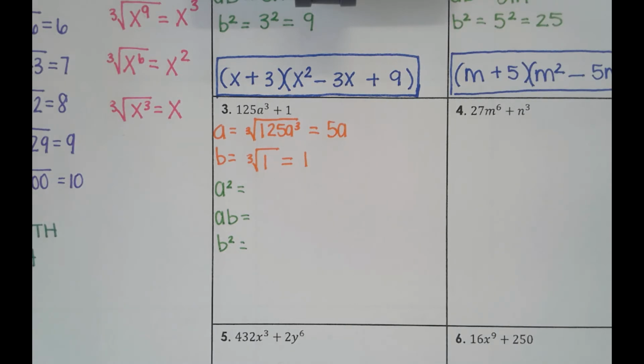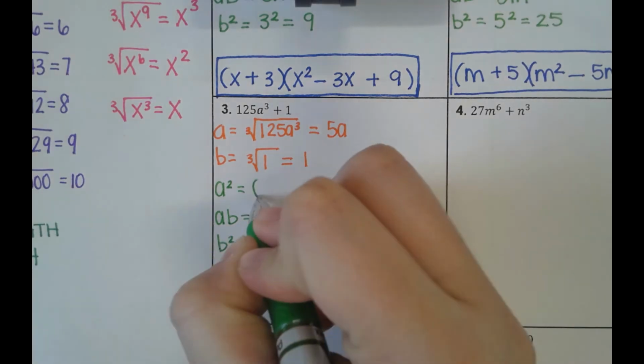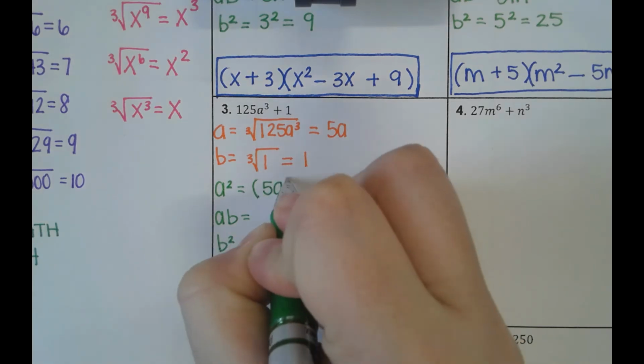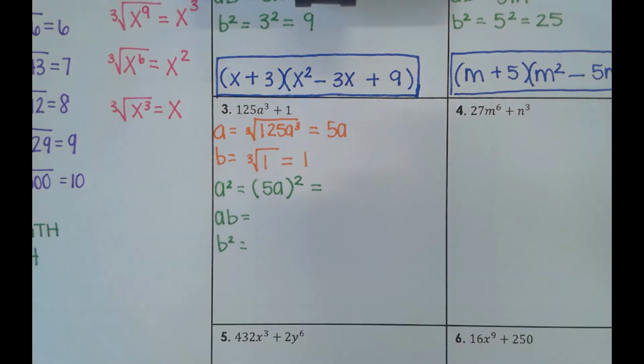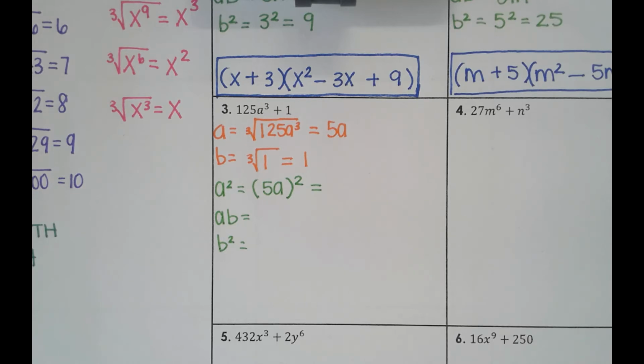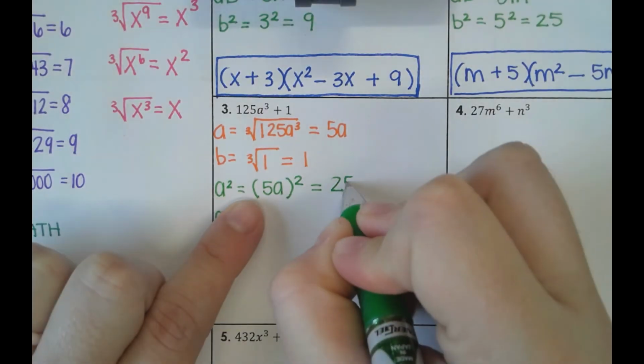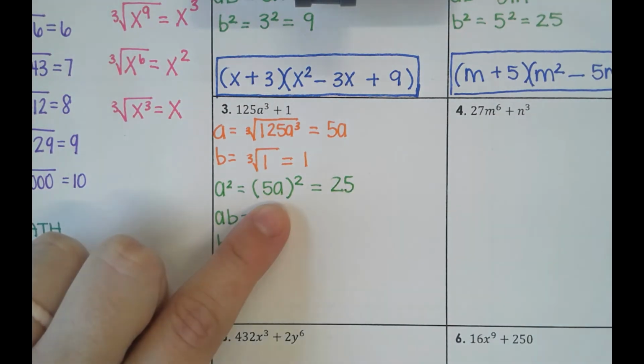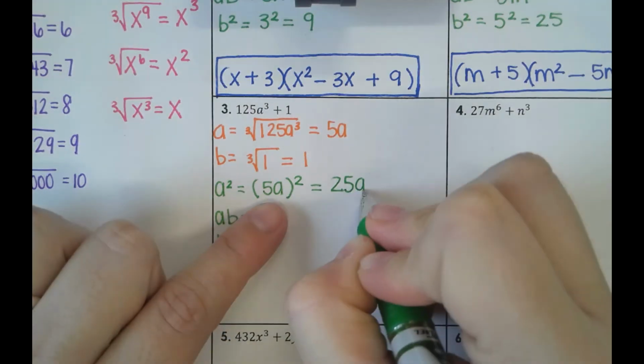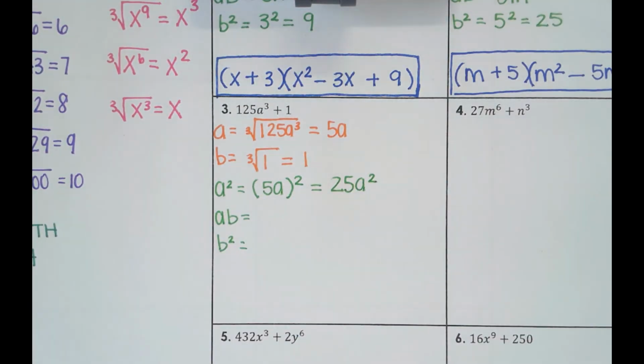All right. First thing we got to find is our a squared. So that's 5a squared. 5 squared is 25, and a squared is a squared. So 25a squared.